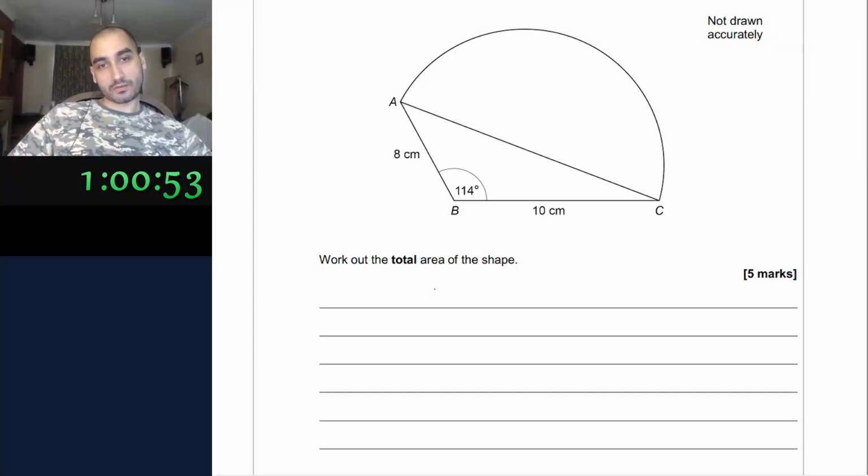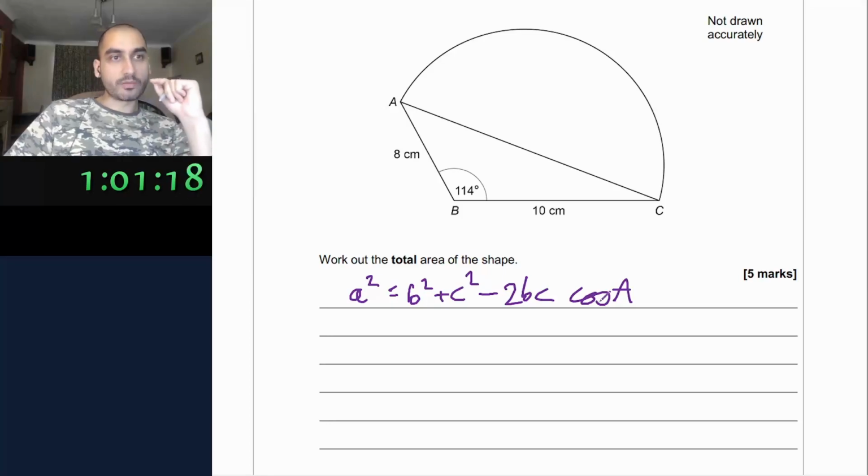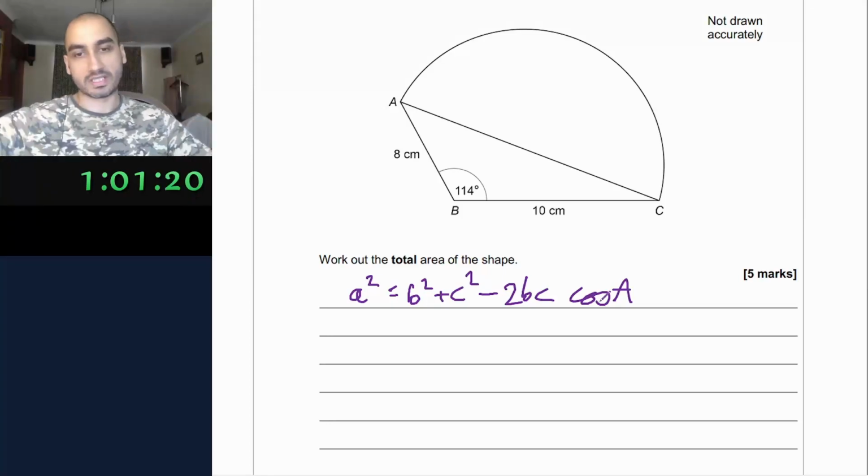What is it? Cosine rule. So a squared equals b squared plus c squared minus 2bc cosine A. Is that it? But not with the right letters. This is actually in the formula book, so I'm allowed to look this up. I think that's it though. But I'm allowed to look up the cosine rule.